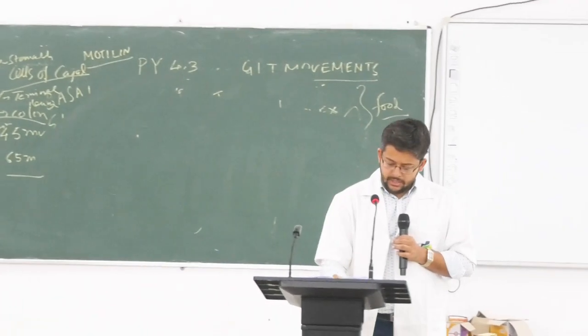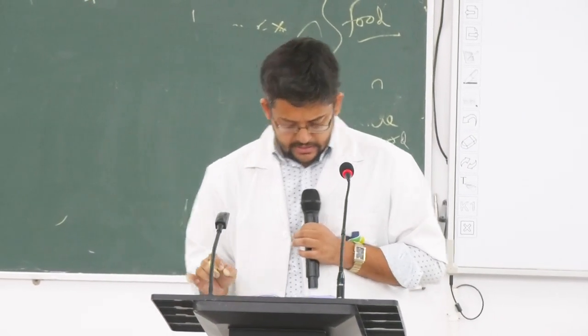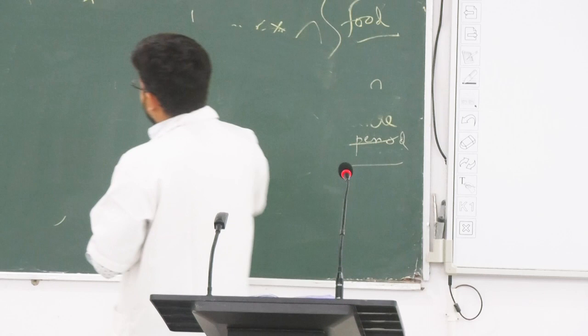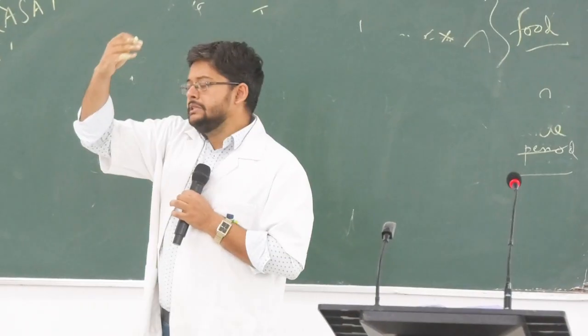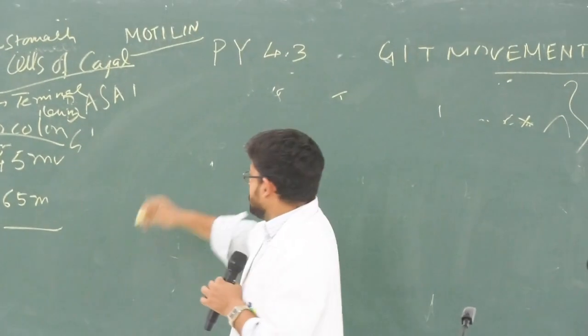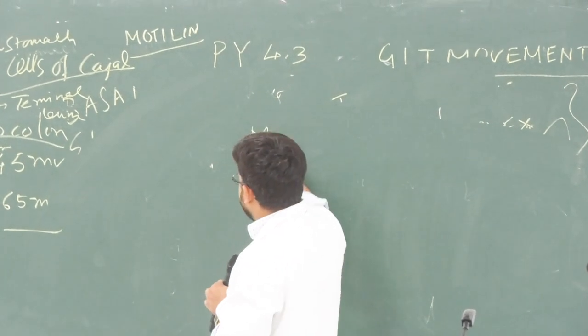So next we are coming to the exact features of movements. First we are in the upper zone. In the upper zone, what movements are there? One is mastication.